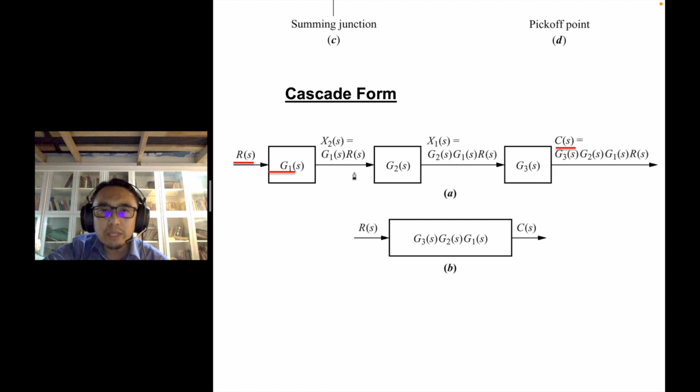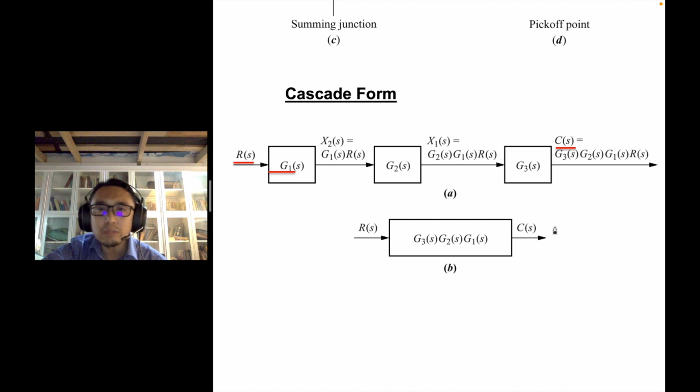Now this G1 times R goes into the second block, hence the output of the second block will be G1 times R times G2. This same signal is fed into the third block G3, so the output will be G2 G1 R times G3, which gives the overall output. So if the overall input is R and the output is C, then the overall transfer function will be just G3 G2 G1.